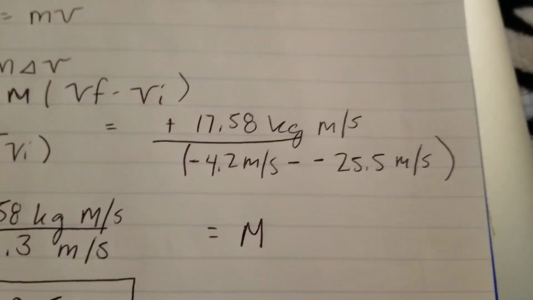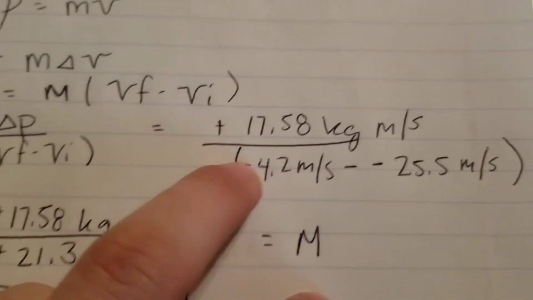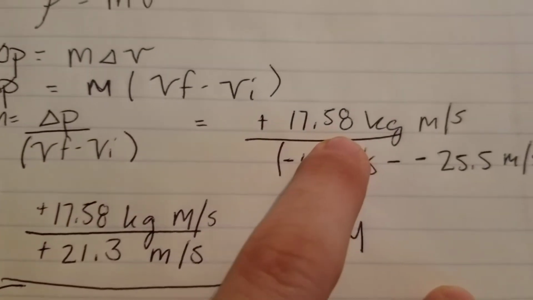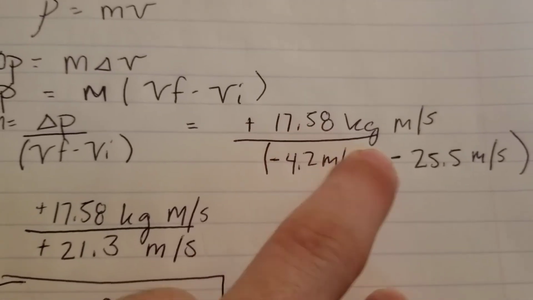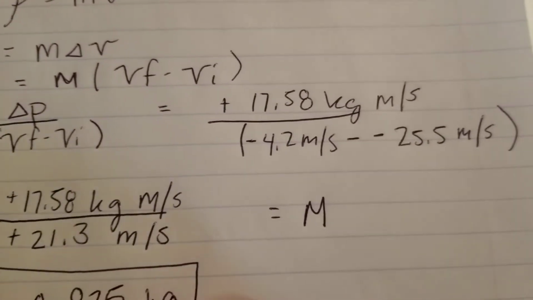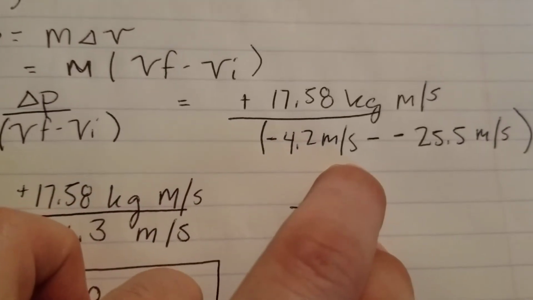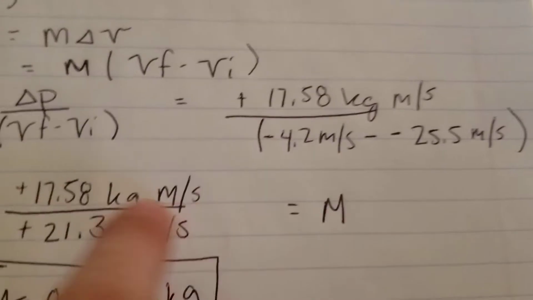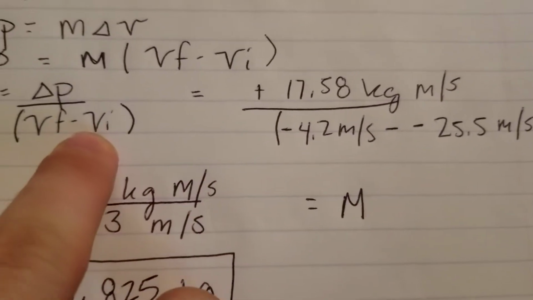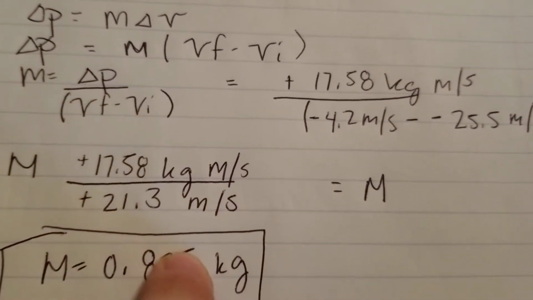So if we set that up, we get our change in momentum, which we derived earlier as 17.58 kilograms meters per second, divided by our velocity final, which was negative 4.2 meters per second, minus our negative 25.5 meters per second, which was our velocity initial.